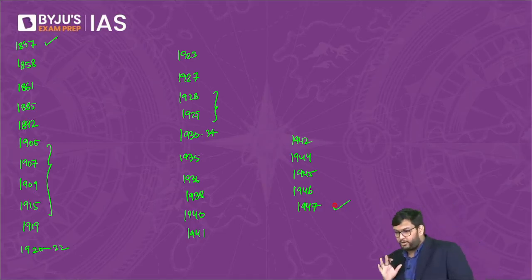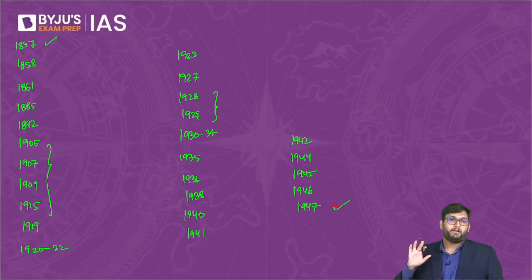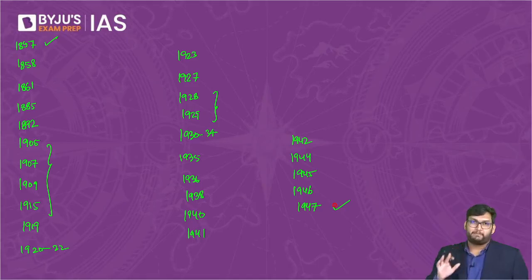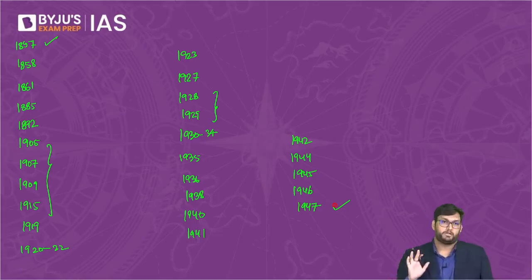The simple point of the matter is that now our story is different. Our story now does not revolve around the expansion, advent, consolidation. Now the British have already done what they had to do.